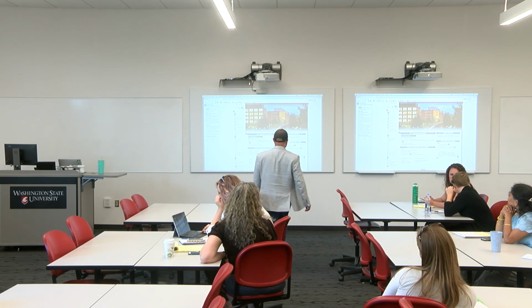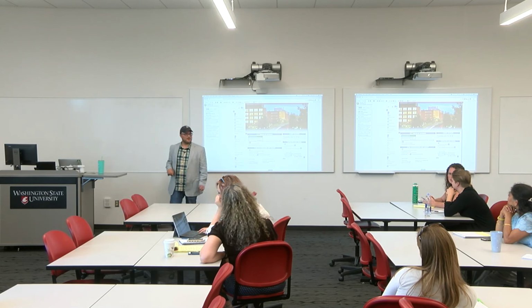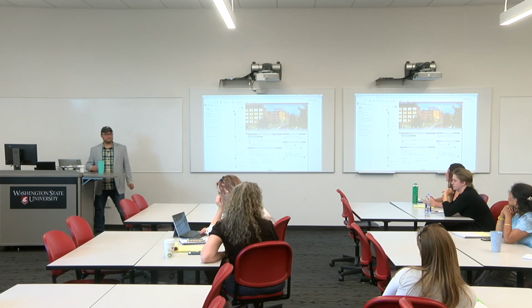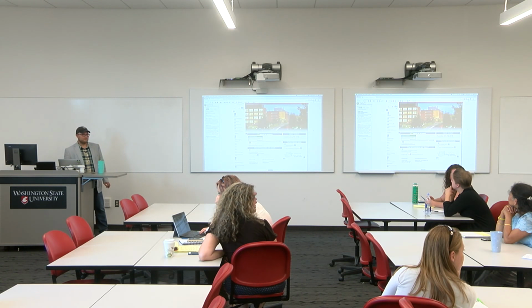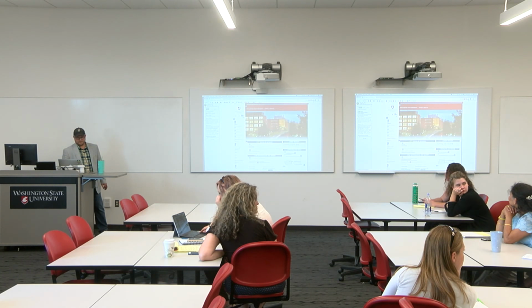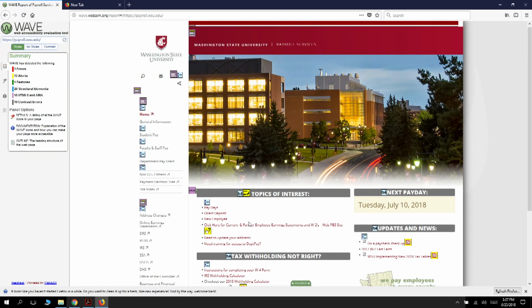So you can see that certain colors make a difference here. I don't go strictly by the errors that I see. I'll look at the rest, because you'll get even green items that are actually an error. If you have an image with no alt text, it doesn't throw an error. It just says you have an empty alt text, and that can be an error for the content on your site.